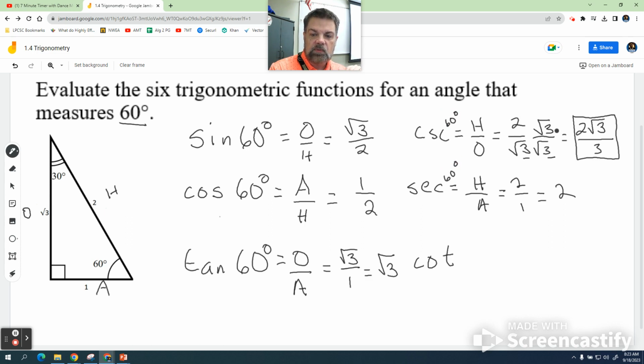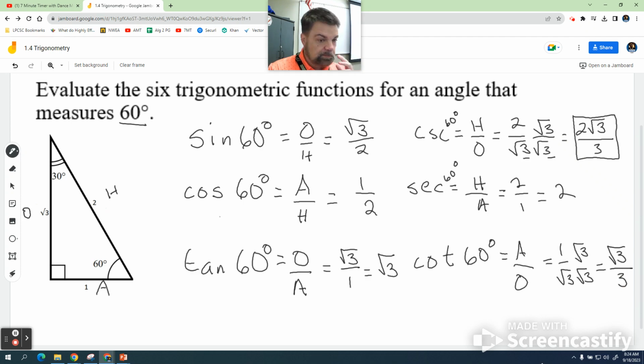I keep forgetting to put the angle in there. So cotangent of 60 degrees is going to be the adjacent over the opposite, and so this would be 1 over the square root of 3. Again, we rationalize the denominator, and so this becomes the square root of 3 all over 3.